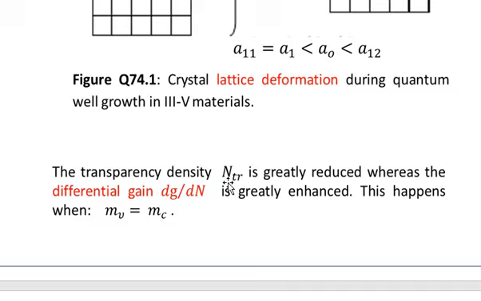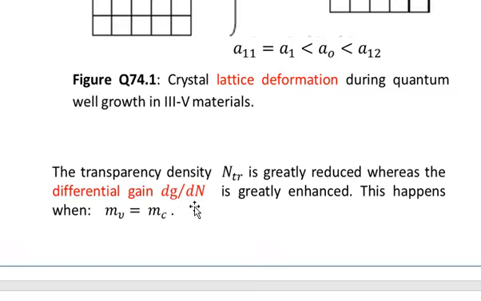The transparency density N_TR, TR standing for transparency as a subscript, is greatly reduced, whereas the differential gain dg over dn is greatly enhanced, because you see that n is reduced in the denominator. So that's why the differential gain, that is the gain with the density, will be increased.